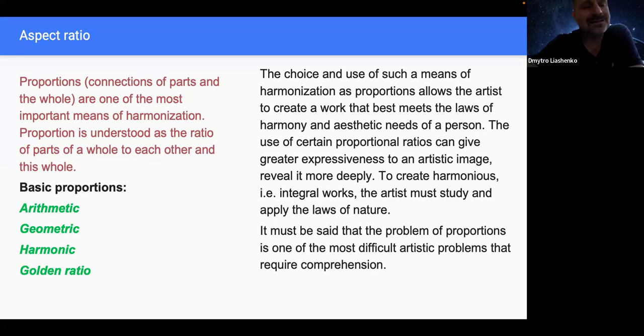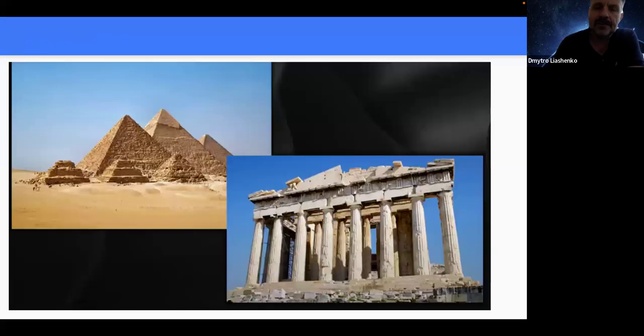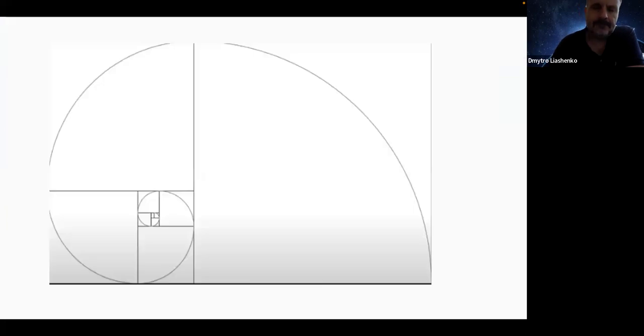And basic proportions: arithmetic, geometric, harmonic, and golden ratio. All these ancient artificial objects look very harmonious.